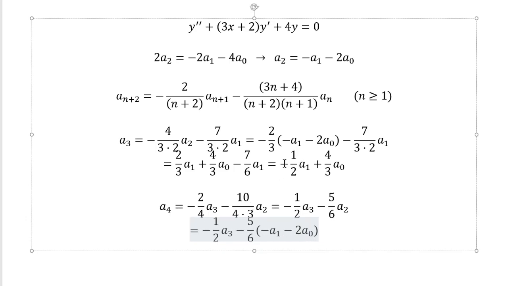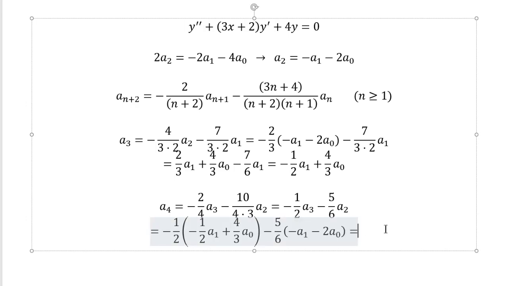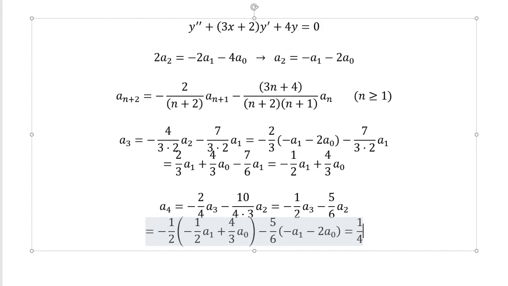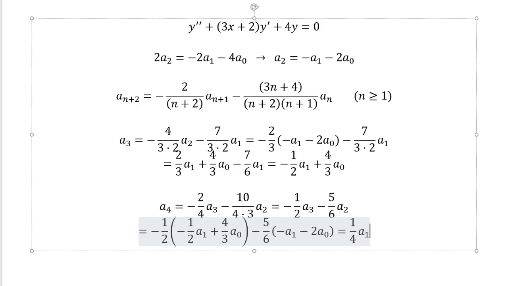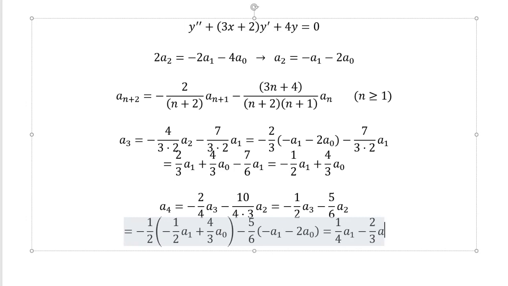And then a3 can be replaced by this one, so let's replace it. Okay. And then that gives you positive 1/4 a1. And then 4 divided by 2 is just 2, so it's negative 2/3 a0.